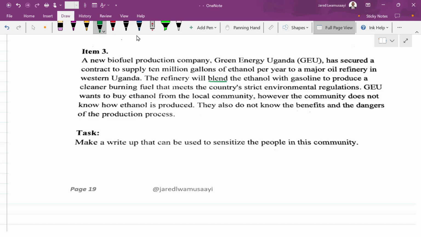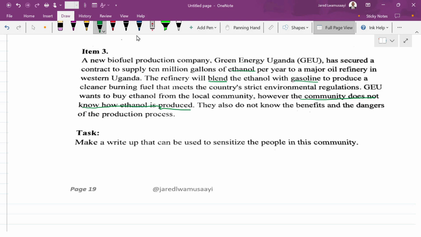And still there, they have talked of ethanol, which the majority of us know. They have talked of, however, the community does not know. That means from here up to here where we have the full stop is our challenge in the scenario. And as we continue, they are saying they also don't know the benefits.